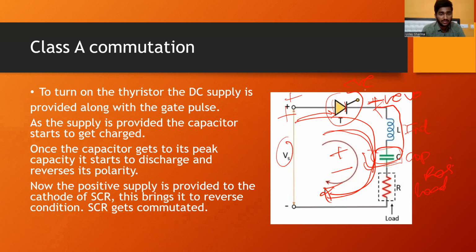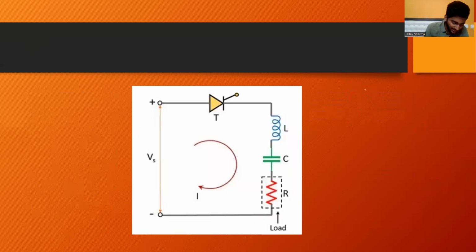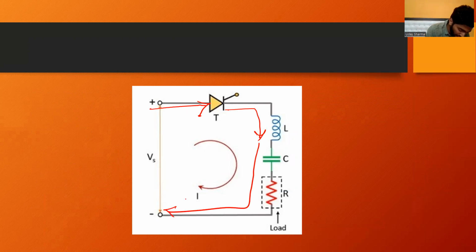As we can see clearly, the supply is provided to the thyristor through the inductor, and it goes here. Let the current flowing be I. As the capacitor gets charged, we know the positive charge and negative charge, the capacitor changes its terminals.